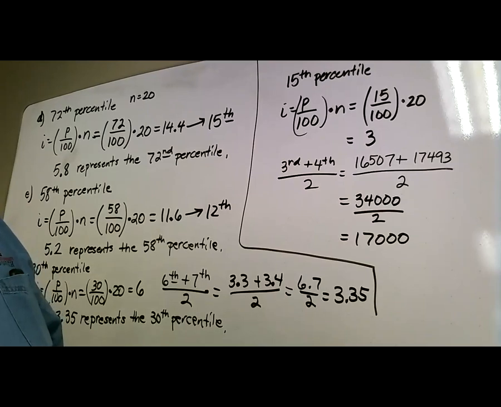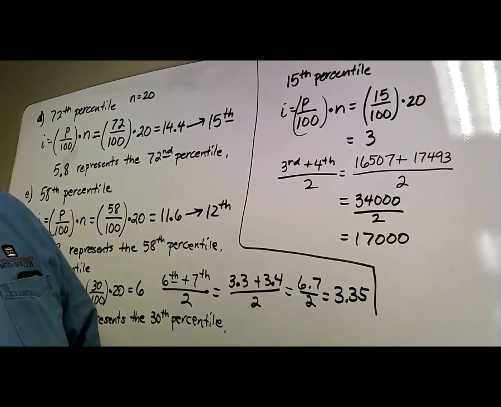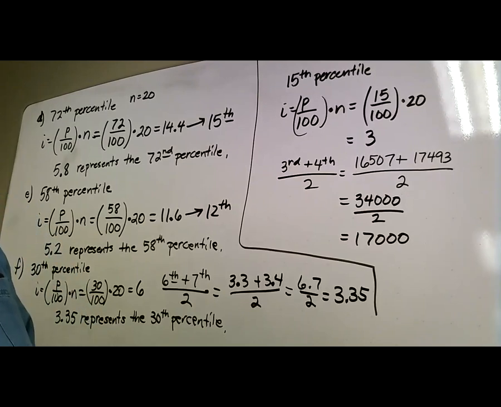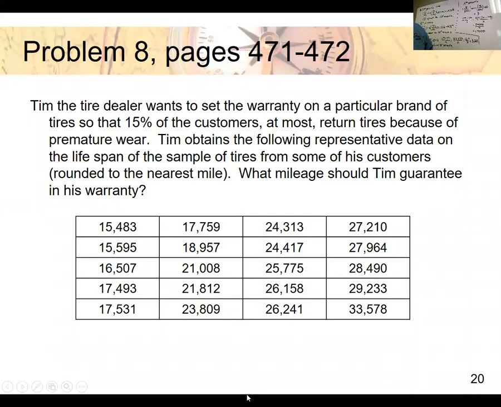That is, if he wants to set the warranty so that 15% at most return their tires because of premature wear. Okay. Any questions about problem number 8?